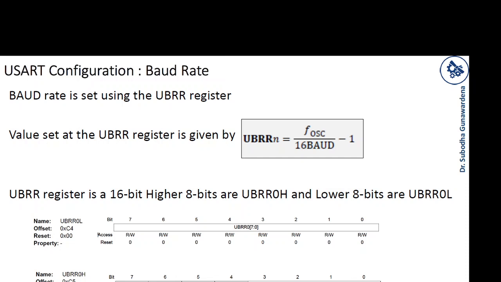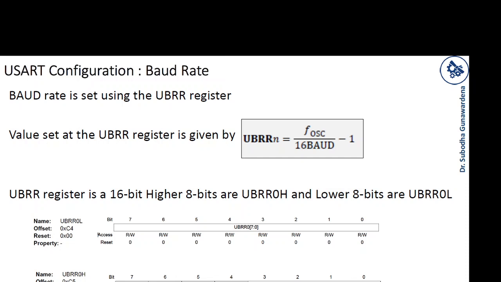Typically this serial communication is asynchronous. That means there is no clock connection between the transmitter and the receiver. They are working independently. But if we connect a clock from the transmitter to the receiver, the communication becomes a synchronous communication. So in this particular device we have both synchronous and asynchronous modes.